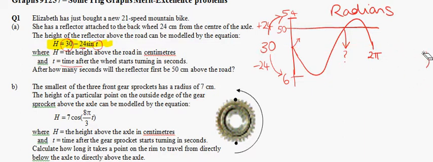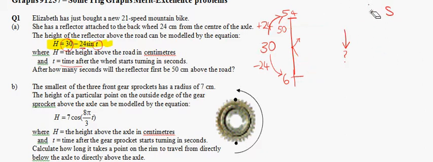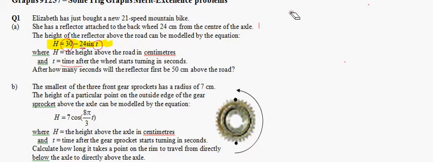Right, for the next question, let's find a highlighter and highlight the equation in the question. So here's my formula. It's a cosine graph.